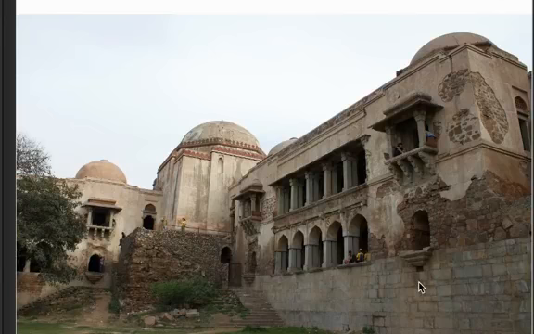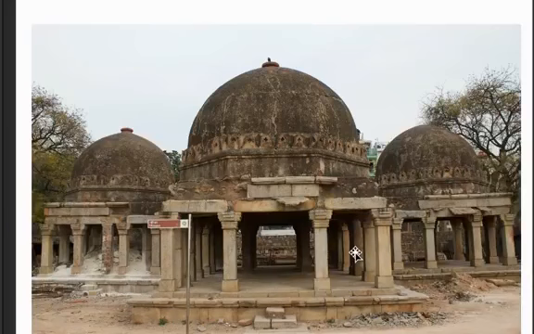Moving on, this is again Tughlaq, but a little later, Firoz Shah Tughlaq's madrasa in Hauz Khas. If you look at the details, now this time the domes are particularly large and heavy with really heavy drums. So the rounded part is the main dome. The cylindrical part below it is the drum.